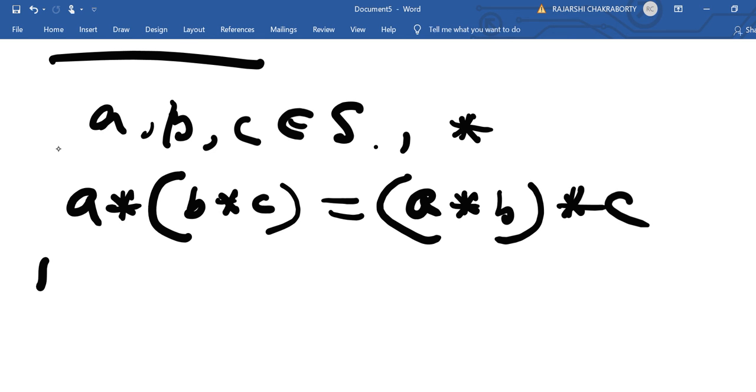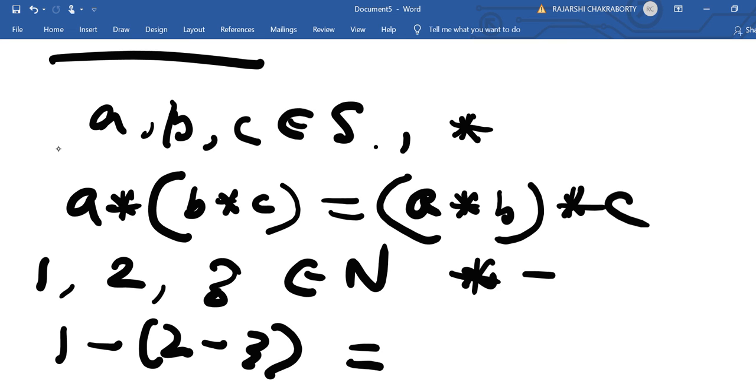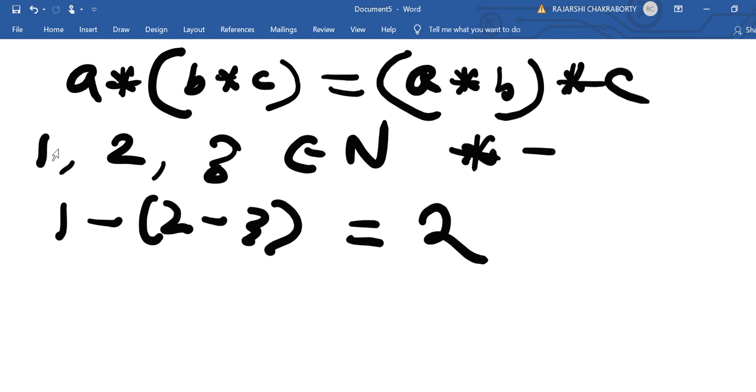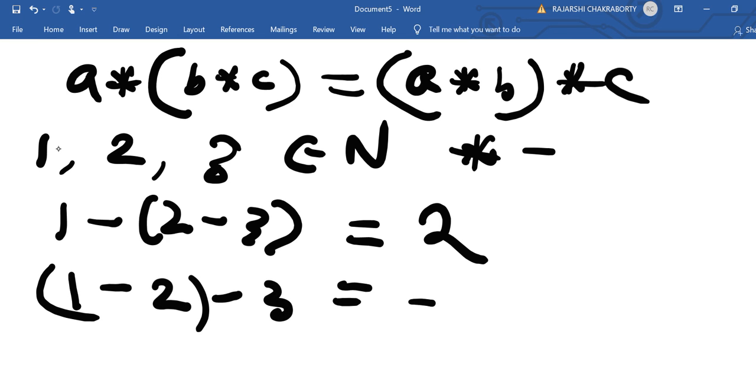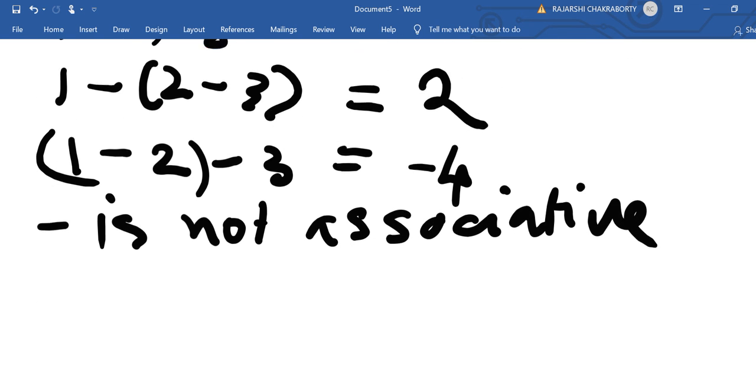Again, we can verify for three numbers 1, 2, 3 in N, and star being minus. 1 minus (2 minus 3) is 1 minus (minus 1), which is 2, and (1 minus 2) minus 3 is minus 4. So clearly minus is not associative.